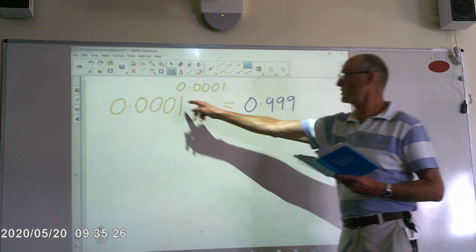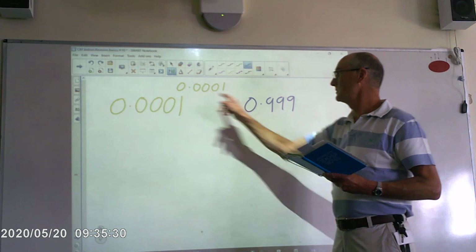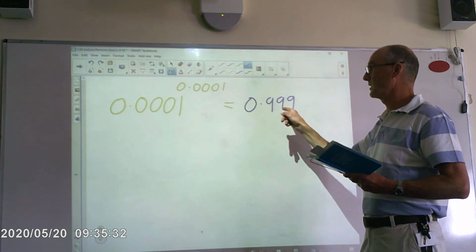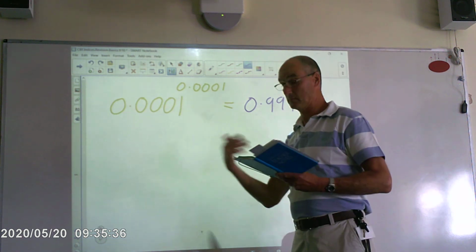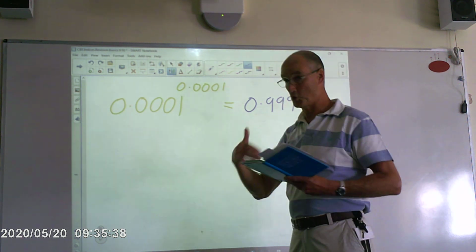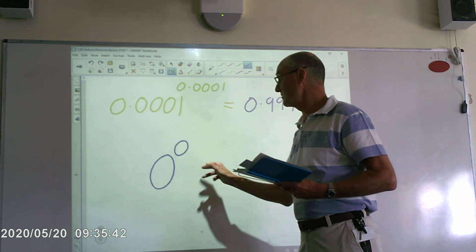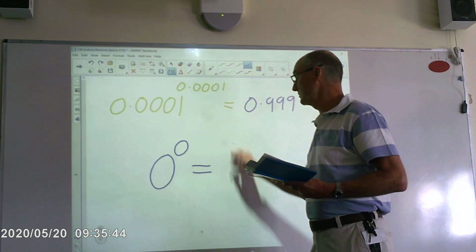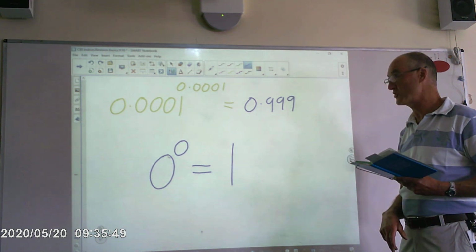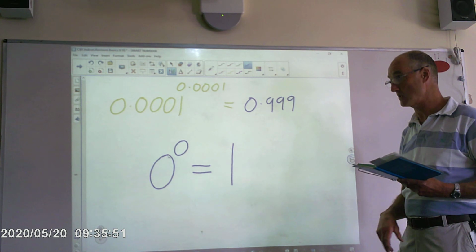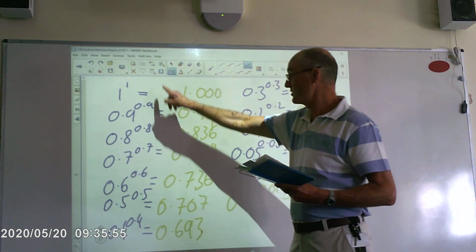As these values get smaller and smaller, this value is getting closer and closer to 1. So, our conclusion from that is, as far as you are concerned, 0 to the power of 0 is going to be 1. And that's the proof of that, ladies and gents. We're just taking you through that. We've tried it for ourselves.